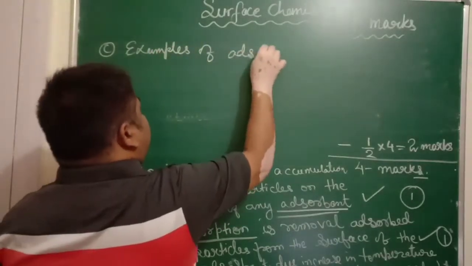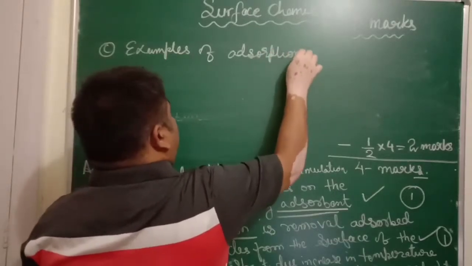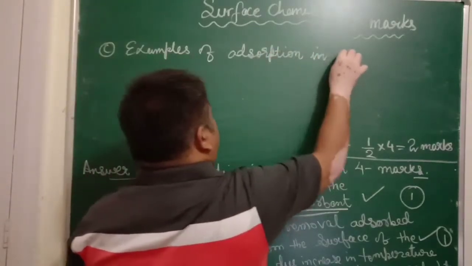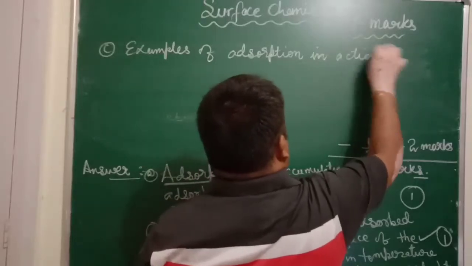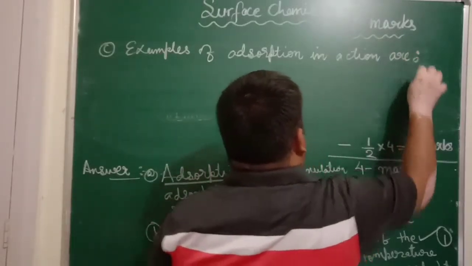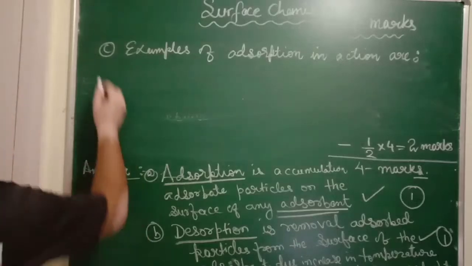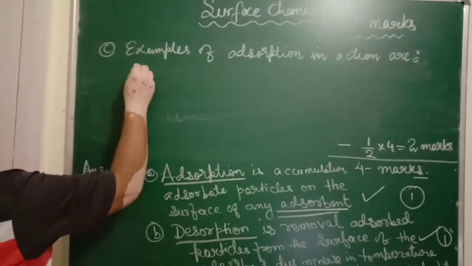Examples of adsorption in action are, then since you are writing it as C, then start subpoints as Roman number 1.